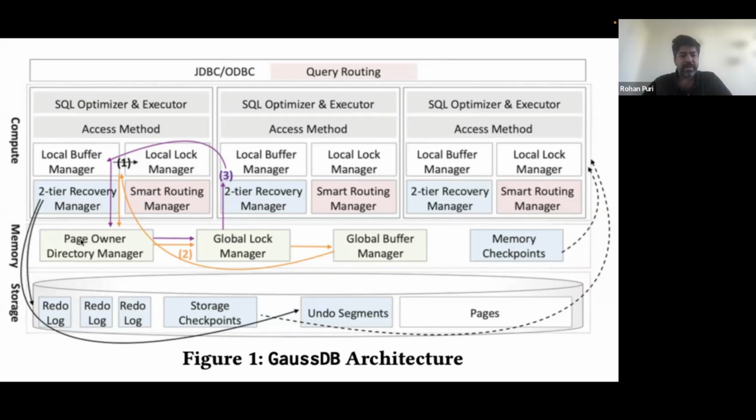Then the memory has page owner directory management, global lock, and global buffer. It also has memory checkpoints. The storage has your recovery logs, the redo and undo log segments. It also has checkpoints, and it also keeps the data in the pages.